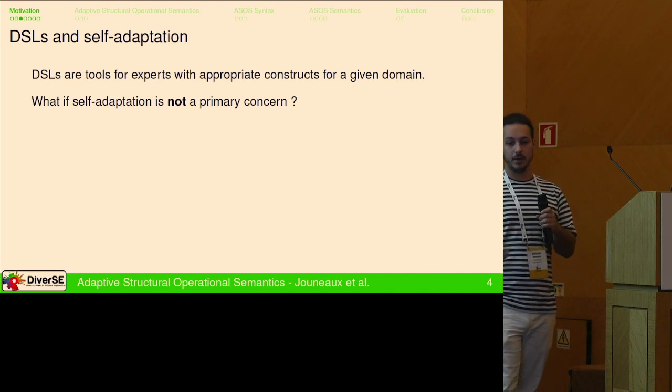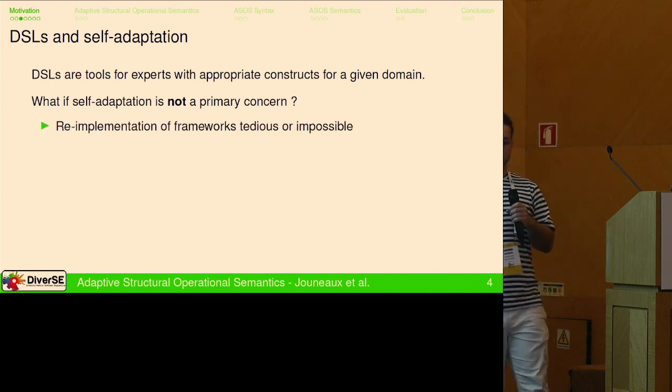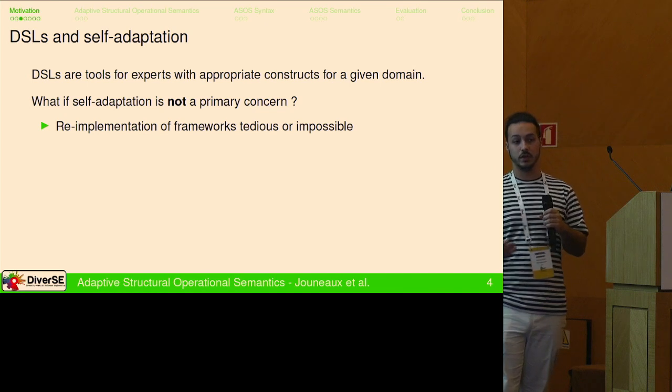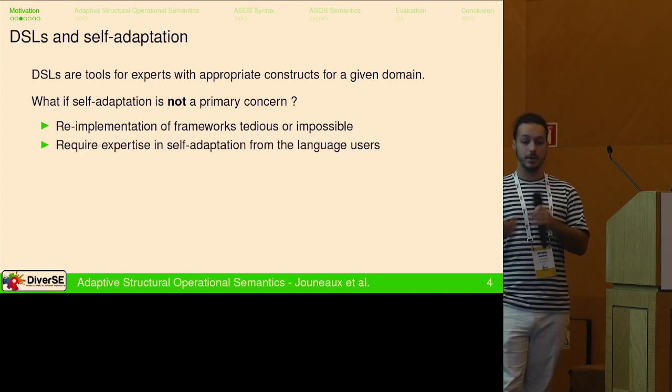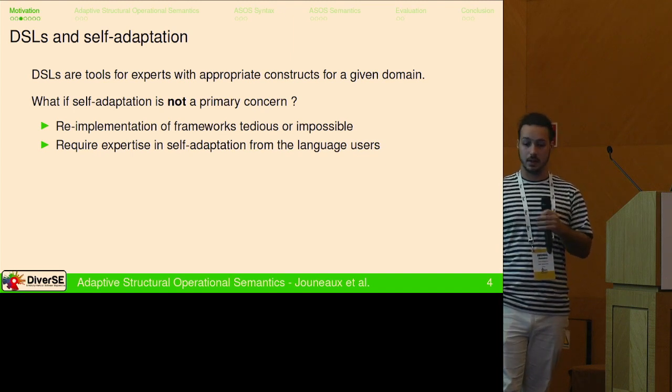If you want to use frameworks or architectural solutions, it requires re-implementation, which can be tedious or even impossible in some cases when you don't have the primitives in the DSLs. And that also requires expertise in self-adaptation from the language user, which is not always the case if it's not a primary concern of the DSL.